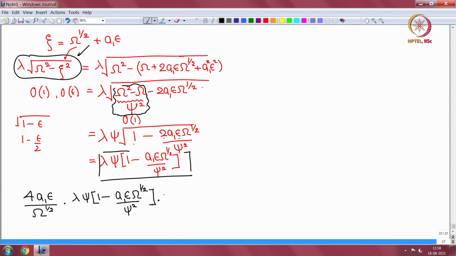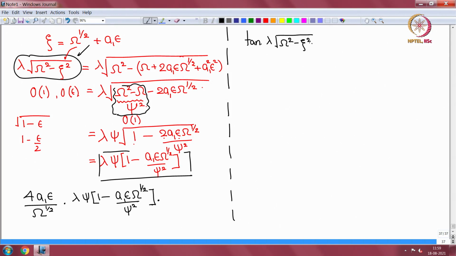There is one more tan term. So what happens there? We have one more tan term, which is tan of lambda square root of omega square minus xi square.